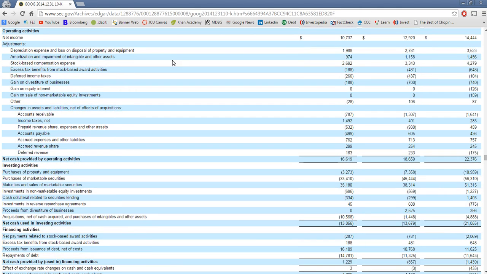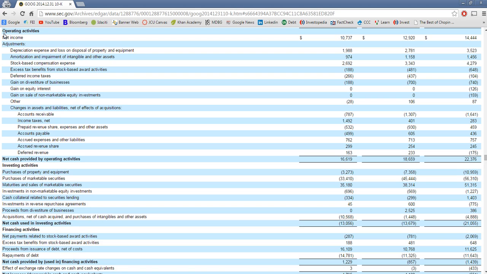The basic format of the statement of cash flows is you split it into three different types of activities: operating, investing, and financing activities. Operating activities means that it deals with the direct operations, main purpose, core activities of the business. So with Google, Google is in the business of pretty much ads. That's where they get most of their revenue from.